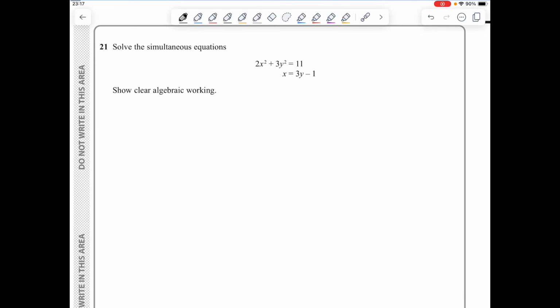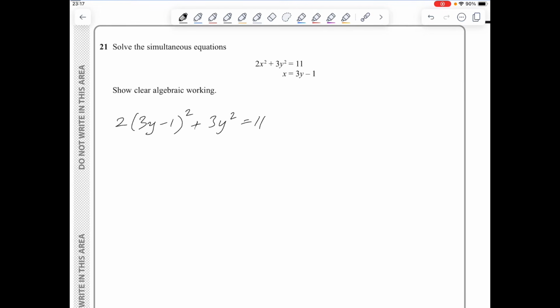For question 21, I will use substitution and I will replace this x with 3y minus 1. So let's begin. 2 times (3y minus 1) all squared plus 3y squared is equal to 11.